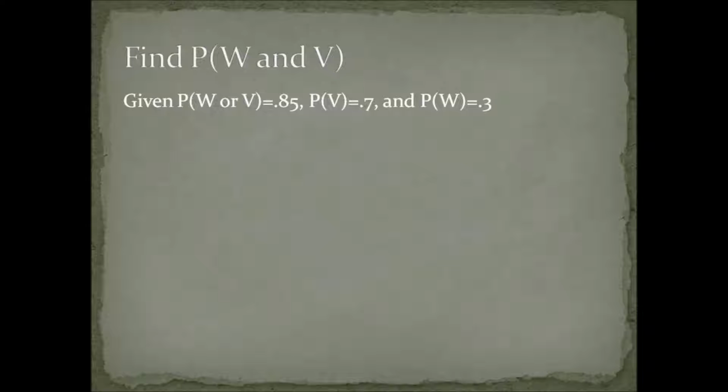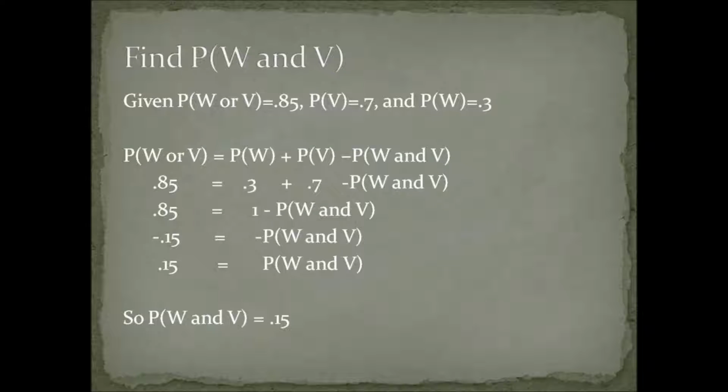Suppose that I want to find the probability of W and V, and I'm given that the probability of W or V is 0.85, the probability of V is 0.7, and the probability of W is 0.3. Well, I go through my general addition rule because I'm not told that W and V are mutually exclusive.